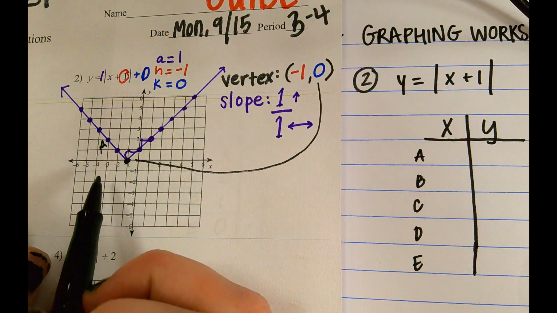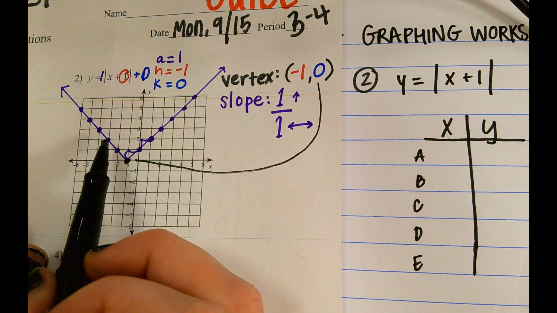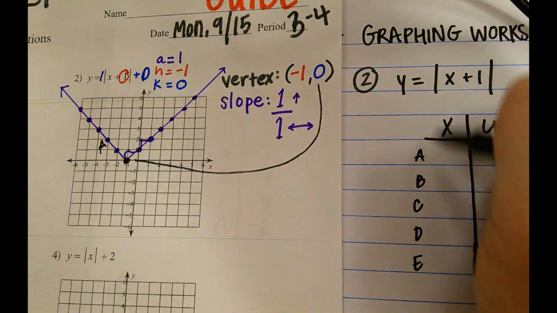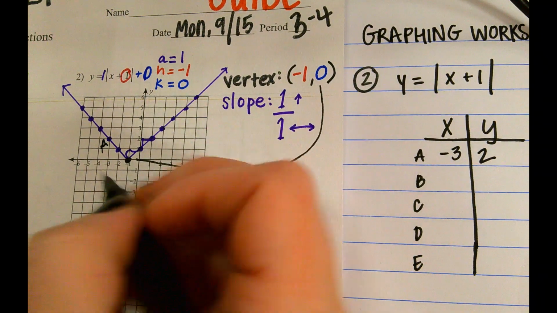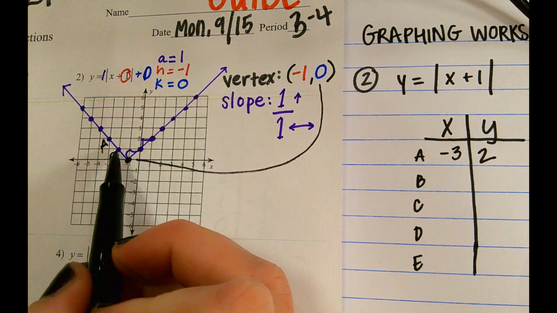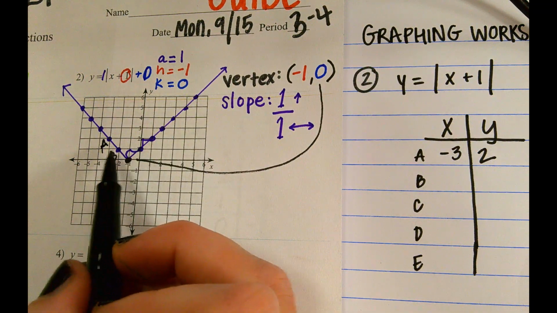It'll be -3. Perfect. A is -3, 2. If this is B, what would my coordinate be? -2, 1.